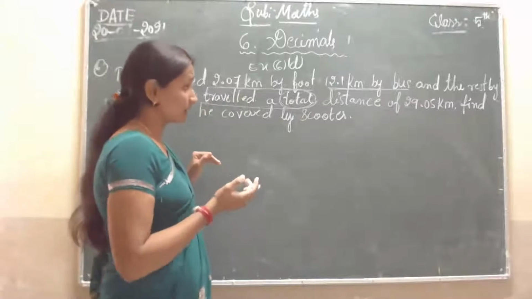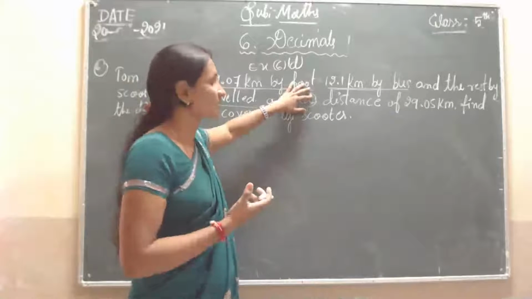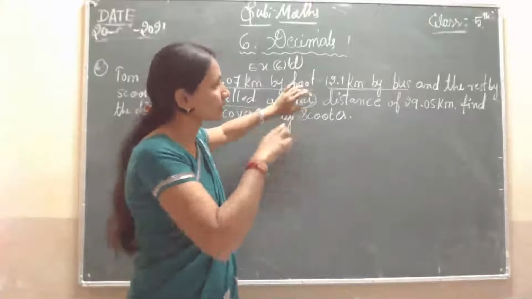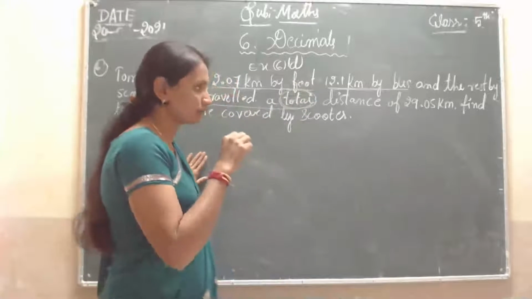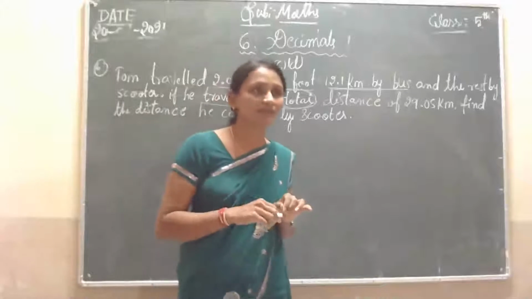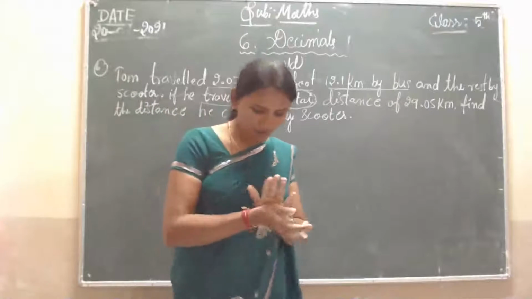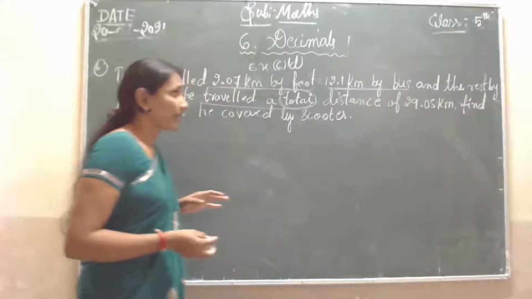So next is the distance of 29.05 kilometer. Find the distance covered by scooter. But students, you calculate in order, step by step. Okay, first you have to write the distance traveled by foot.